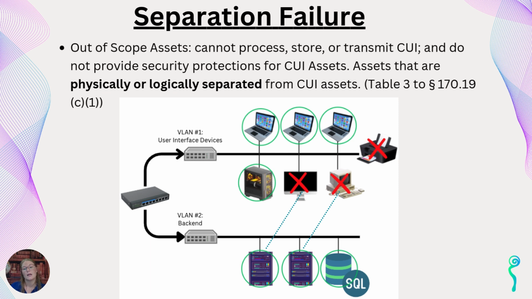And then during that assessment, and what will happen if this does happen to you, is those assets then are brought into scope and they will be evaluated for NIST SP 800-171 implementation.